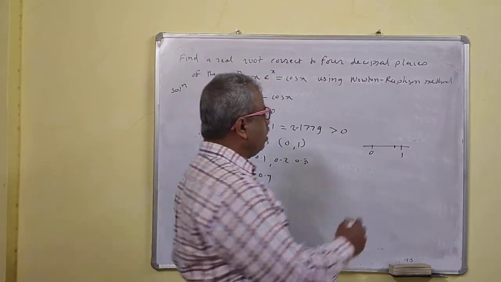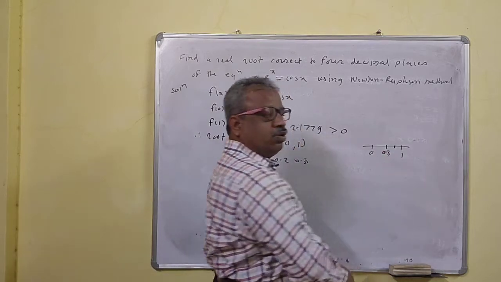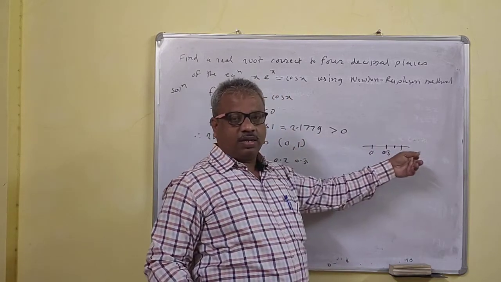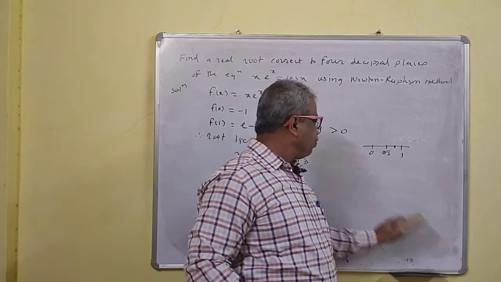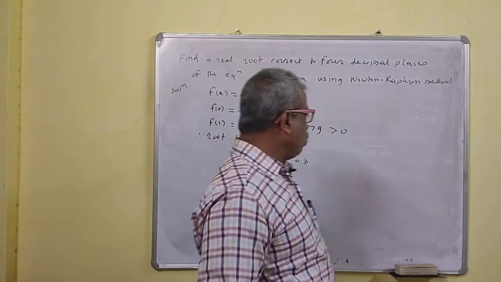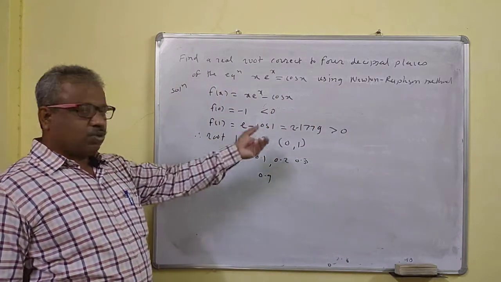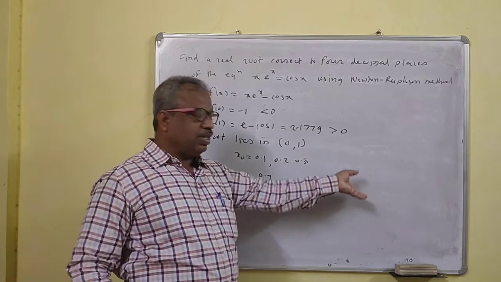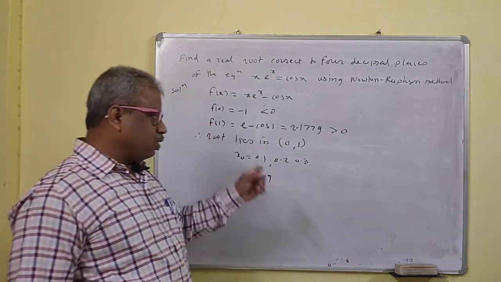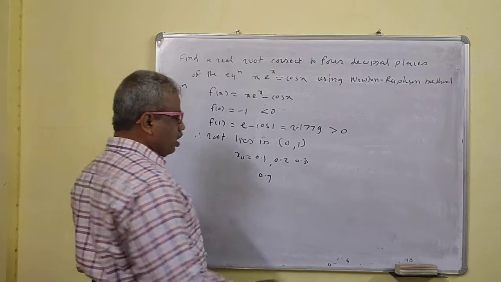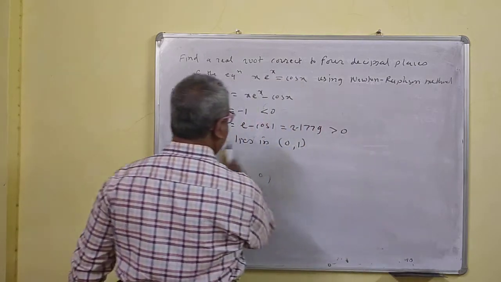Therefore we'll take the middle value 0.5, so that we will reach either side with fewer iterations. So we take the middle value.